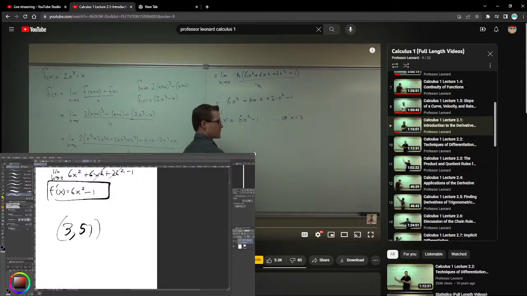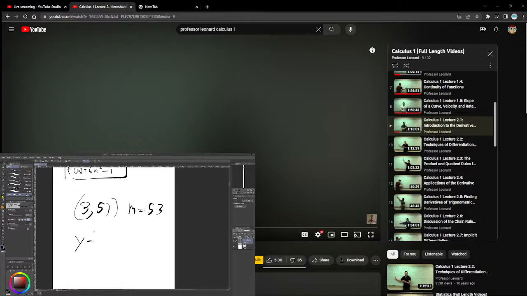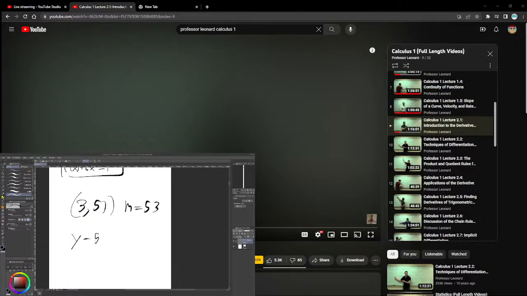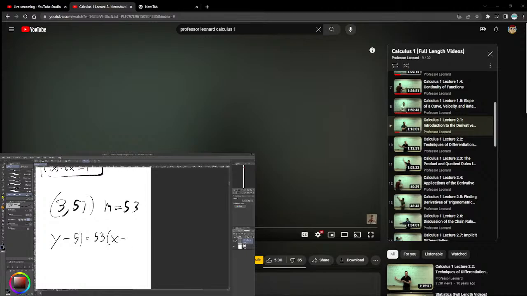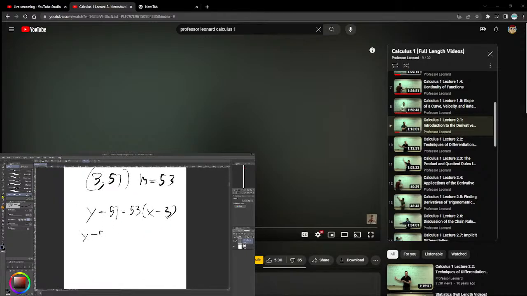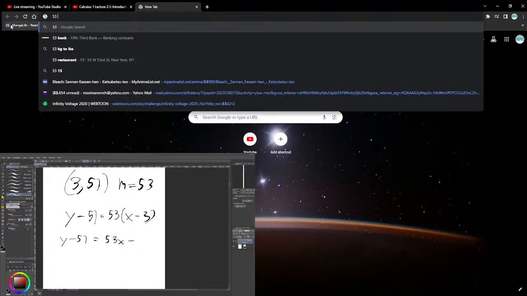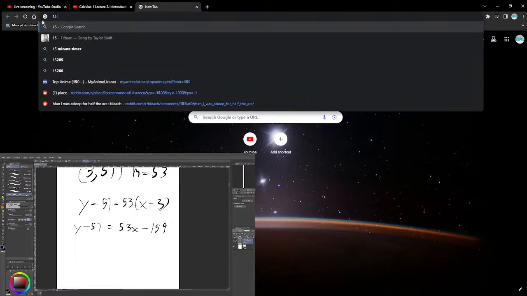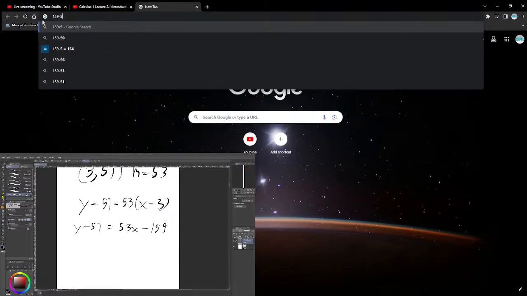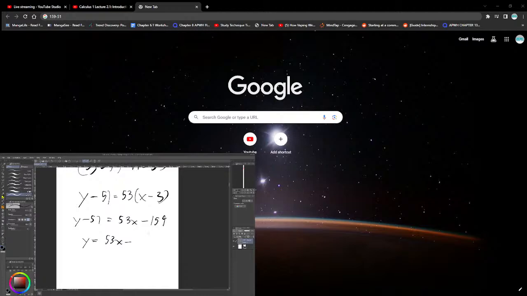What did I say the slope was? 53. y minus 51 equals 53 times x minus 3. y minus 51 equals 53x minus 159. 159 minus 51, 108. So y equals 53x minus 108.